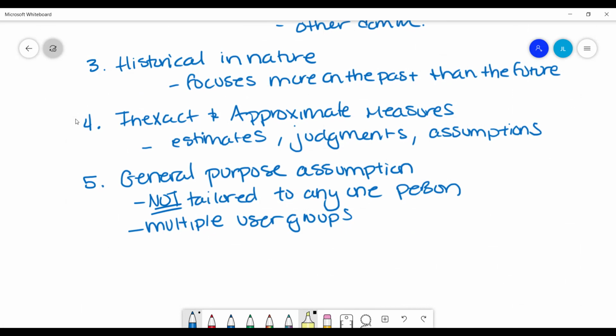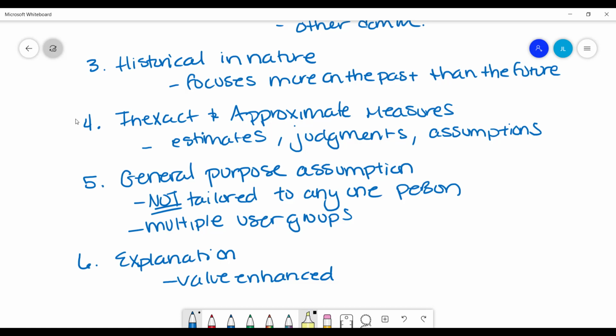And lastly, our last characteristic of externally reported information is that its value is enhanced through explanation. Sometimes qualitative information helps us to interpret financial reports, right?